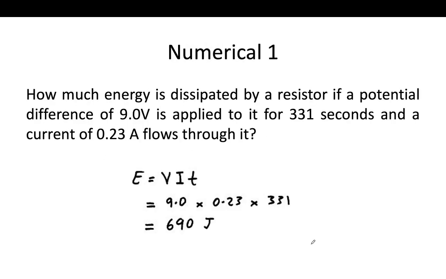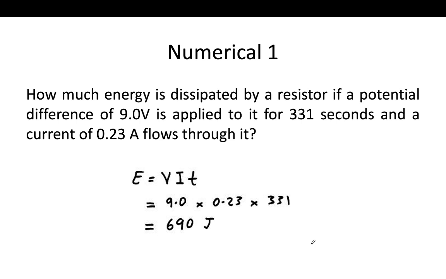So now see what they have already given. Potential difference they have given is 9 volts. Second, they have given seconds: 9 volts are applied for 331 seconds and a current of 0.23 ampere.